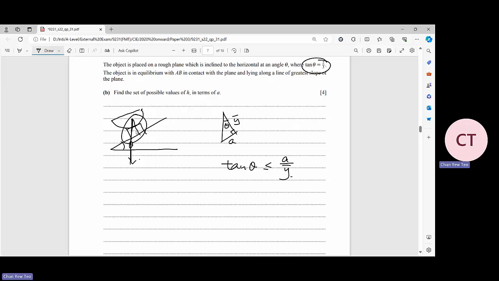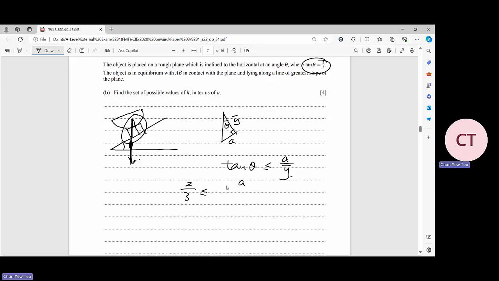Okay, so your center of the mass can at most reach this corner of the base. So your tangent theta must be less than this value, or at most equal to this value. They give you tangent theta is 2 over 3.